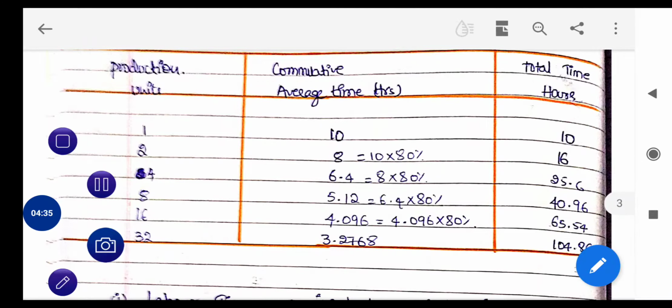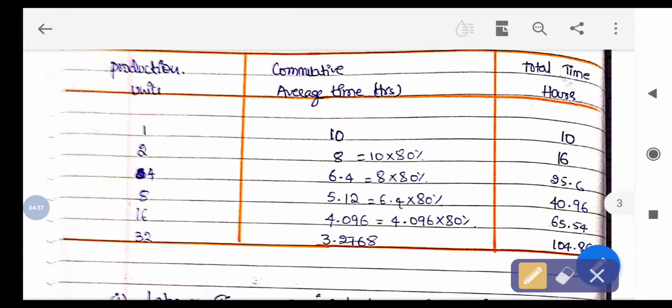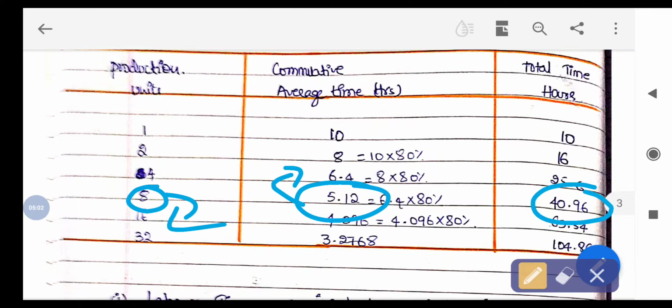Next, when we are producing 8 units, 4 gets doubled and becomes 8. The previous is 6.4, and 6.4 into 80% is 5.12. So the average time for 8 units is 5.12, and 8 into 5.12 is 40.96. Next, 8 doubles to become 16.